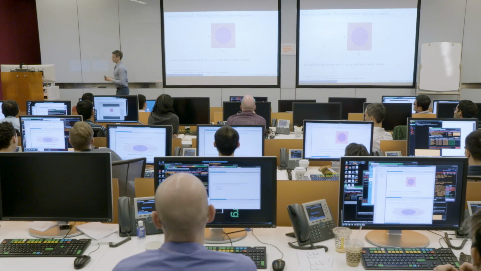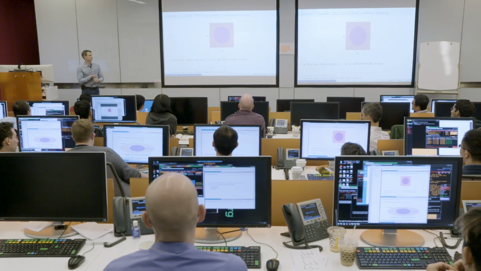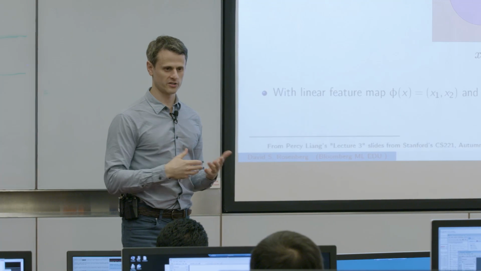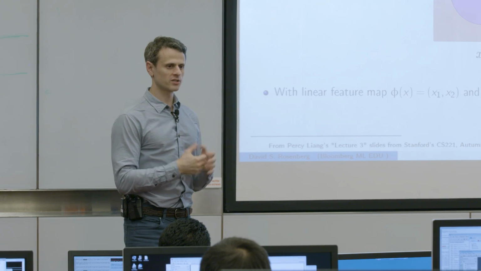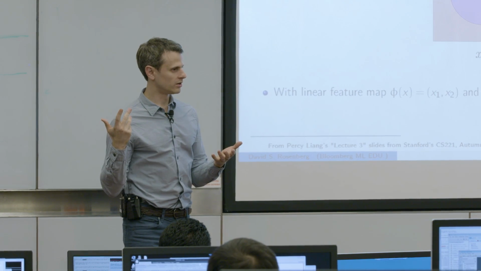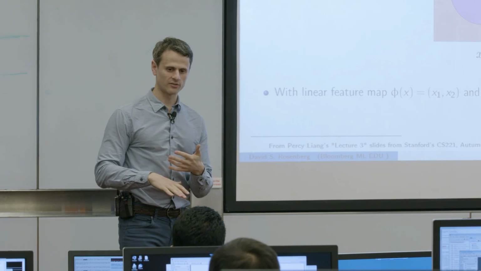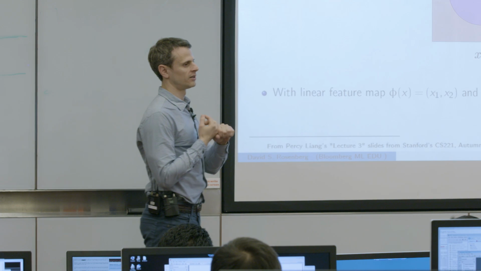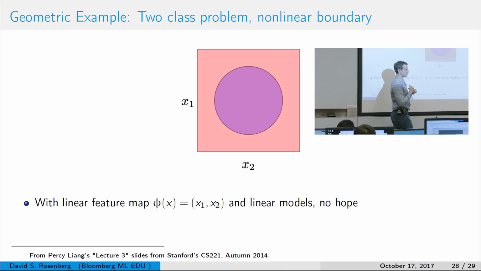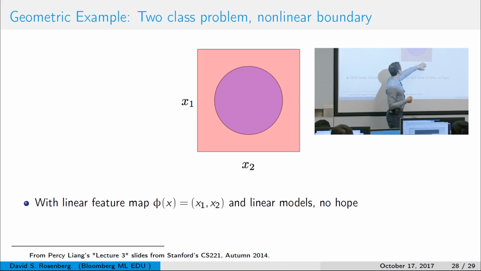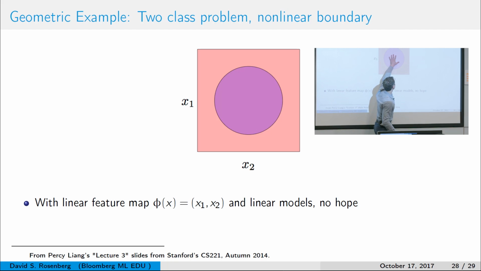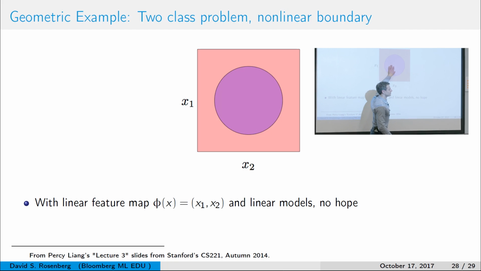So let's think this through for a second. This is a classification problem, so let's think in terms of making a score function, right? For score functions for classification, a positive score is a positive class, and a negative score is a negative class. So we want a score function. What's the input space for the score function here? x1, x2, R2. That's the original input space for our score function. And we want it to be either negative here and positive here, or positive here and negative here.